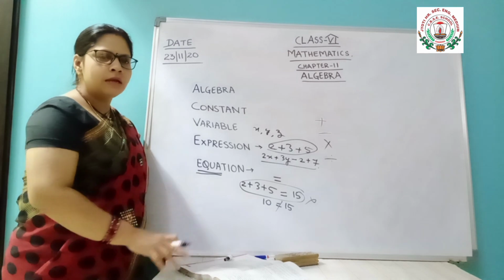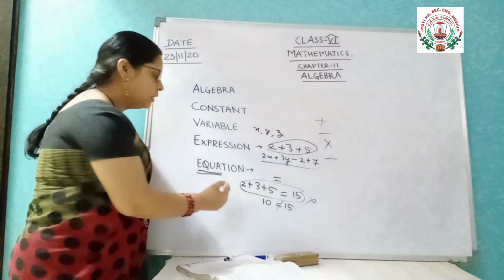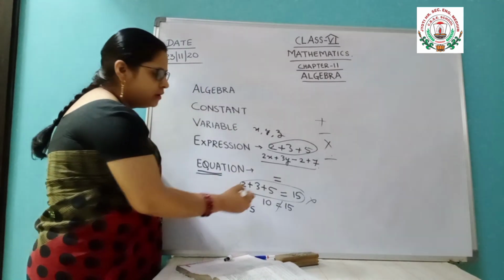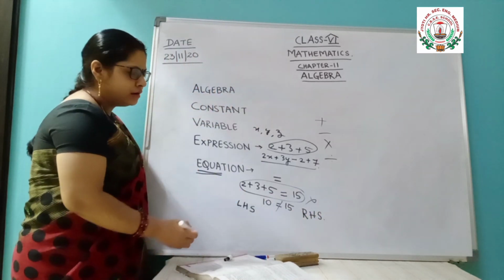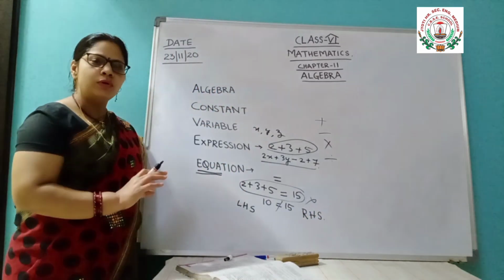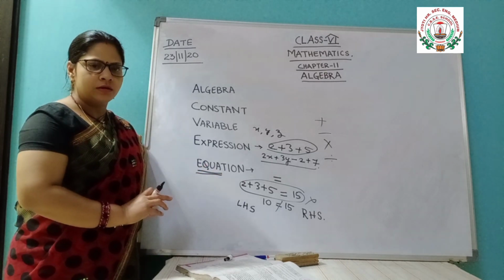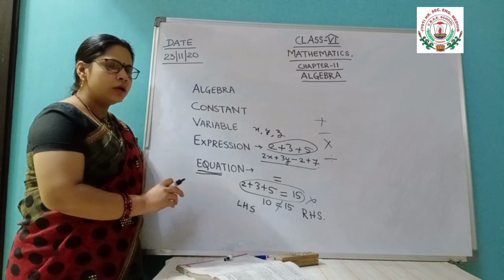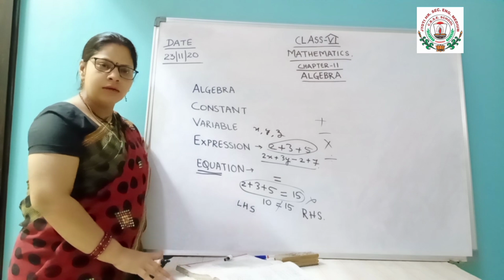For numerical equations, this side is called LHS, left hand side, and this is called RHS, right hand side. LHS and RHS both should be equal. If it is numeric, with only numbers, you do the calculations of the left hand side and the calculations of the right hand side.